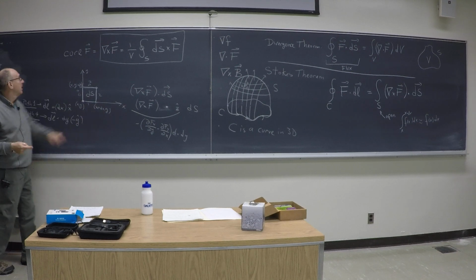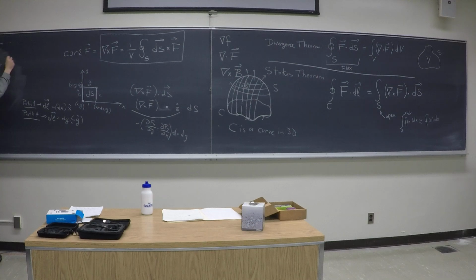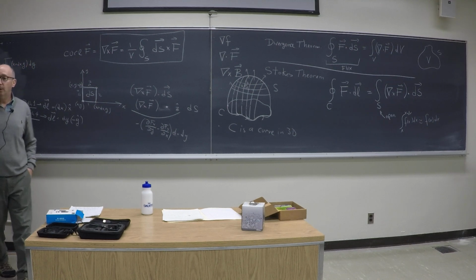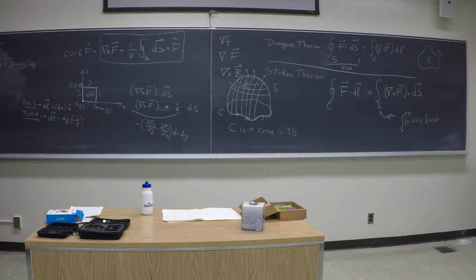Correct? So it's going to be fy at x plus dx, y times dy. So, it's not a partial derivative, it's just that product, because the other 2 elements cancel, so it's just 0, 1, 0.